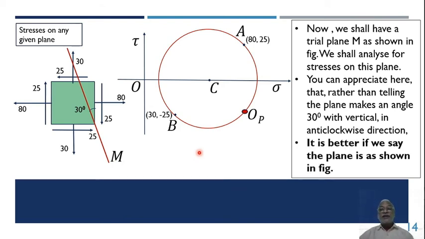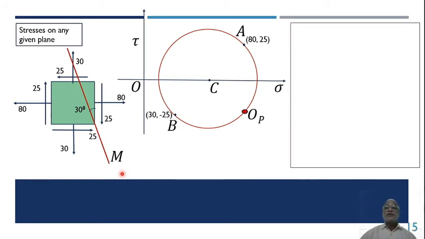Now it is better if we say the plane is as shown in the figure, because it is a graphical method. Anyway, I have drawn this element and then this plane is drawn here exactly at 30 degrees. So that is the plane, fine. There is no confusion, right? So that's the way we define the planes.